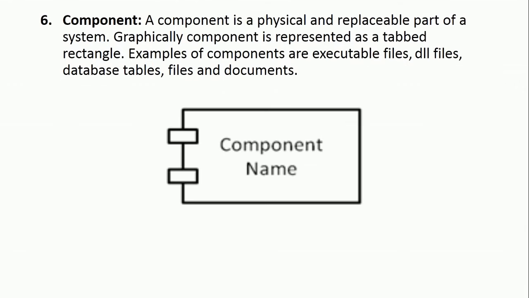Now the component. What is component? Component is a physical and replaceable part of a system. It can be replaced, and one more property is it is physical.